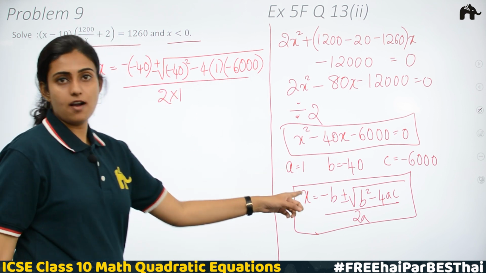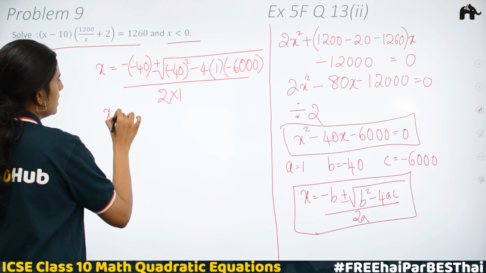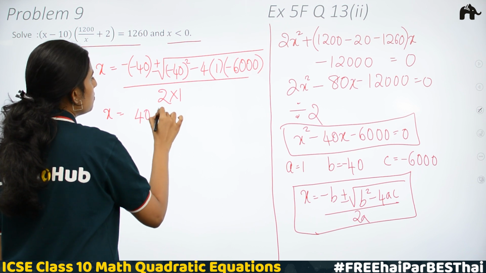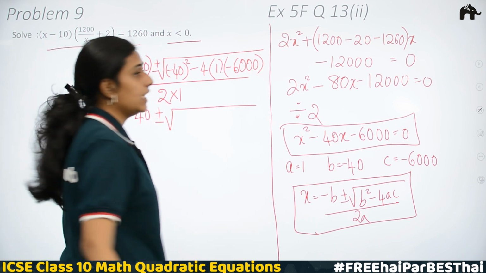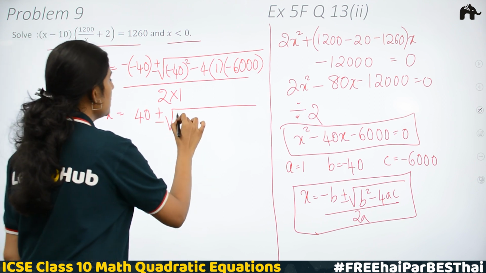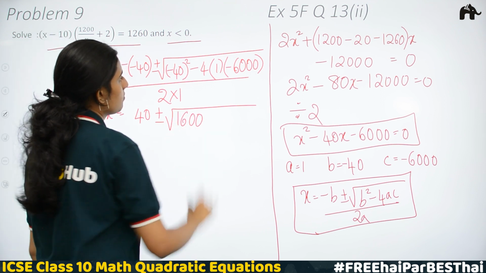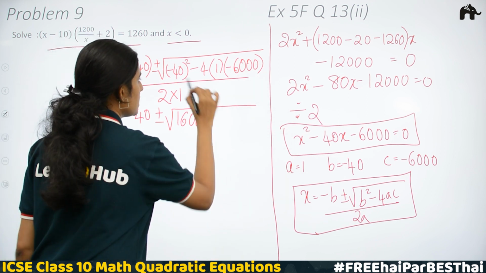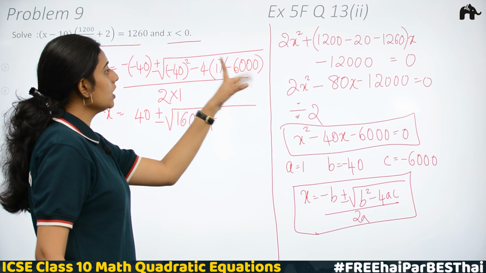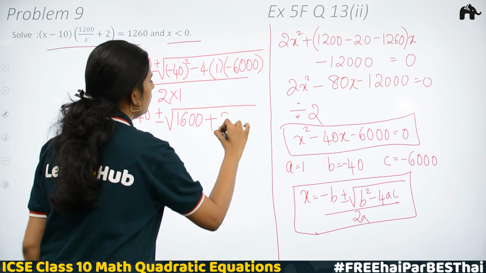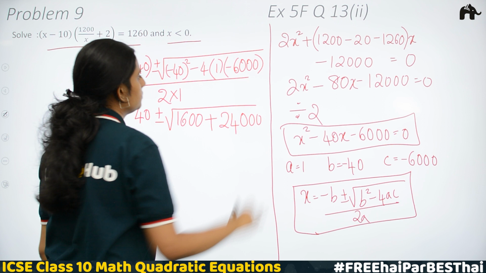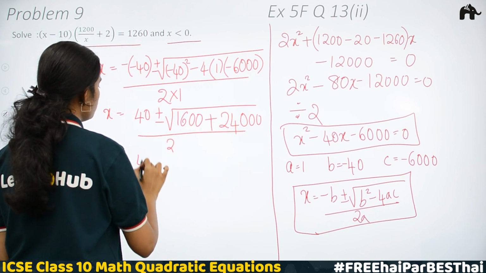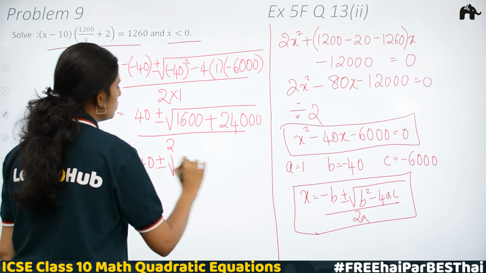That is x is equal to minus of minus 40, which is plus 40, plus or minus root of minus 40 whole square, which is 1600, minus 4 into minus 6000. Negative into negative is positive, 4 into 6000. 4 into 6 is 24 and we have 3 zeros. Divided by 2.